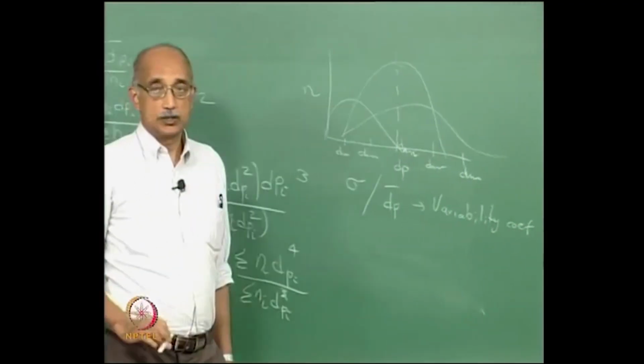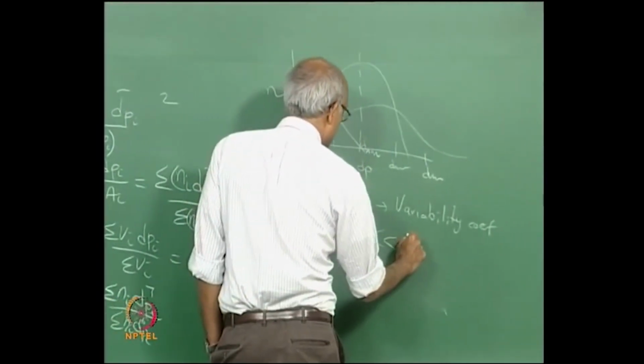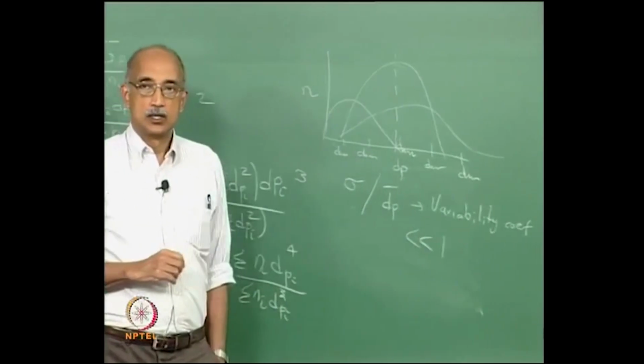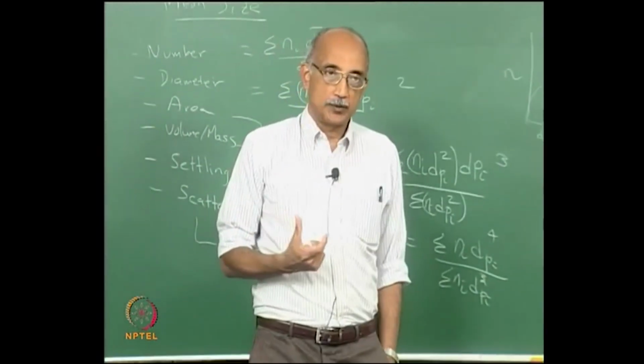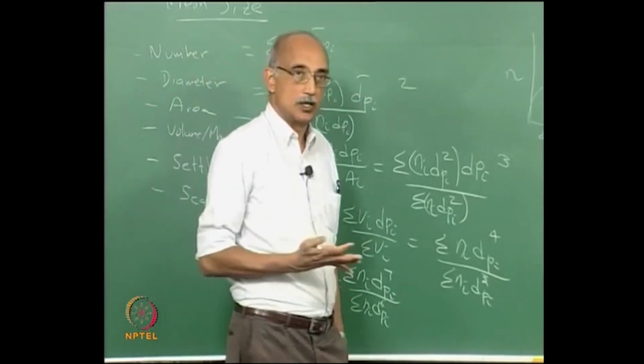In a well controlled manufacturing process, you want to make this much smaller than 1. In other words, the standard deviation in the population compared to the mean of the population must be very small.